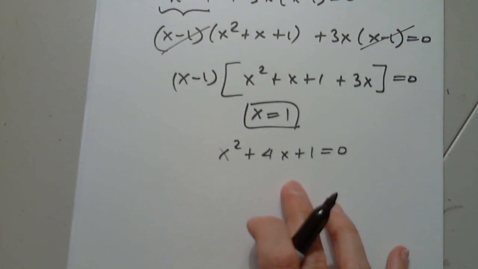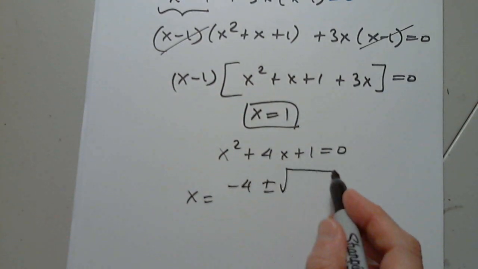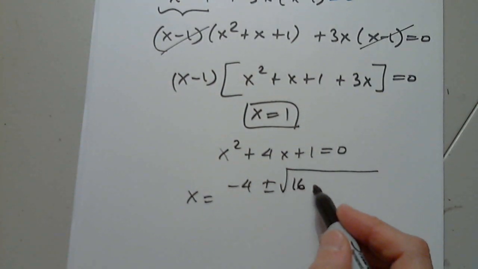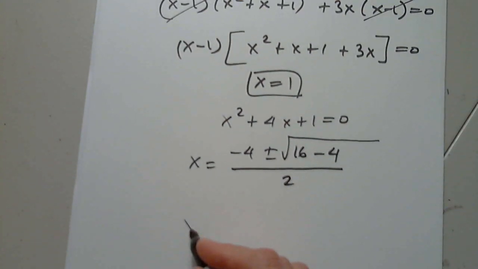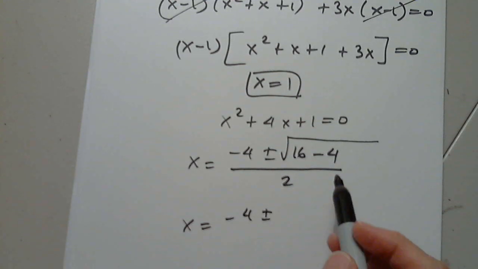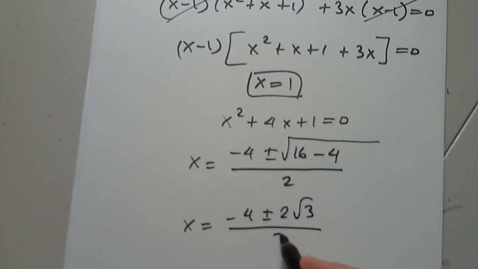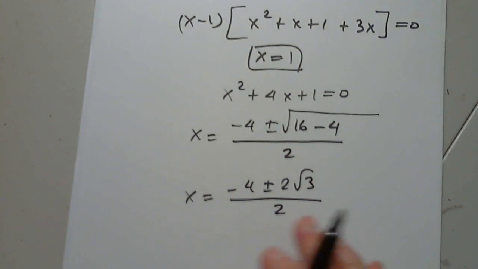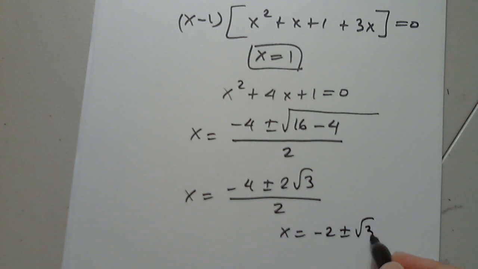And I have to use the quadratic formula on this. -4 plus or minus the square root of b squared minus 4ac, divided by 2a. So x equals -4 plus or minus the square root of 12 over 2. And I factor and simplify: x equals -2 plus or minus the square root of 3.